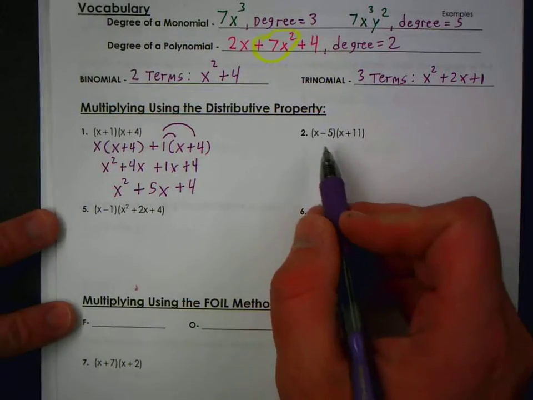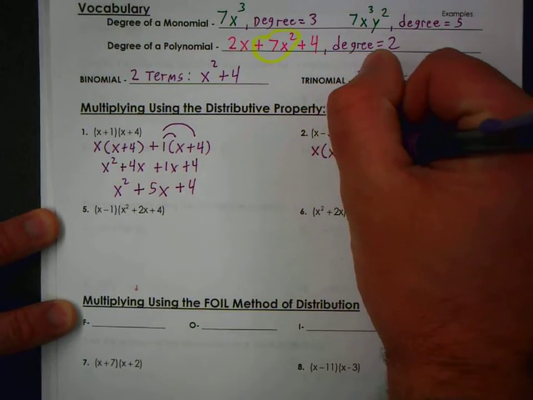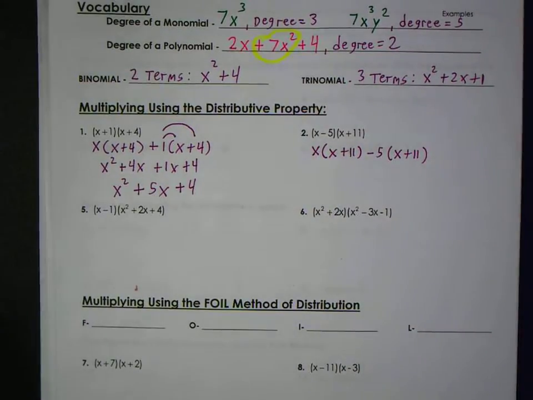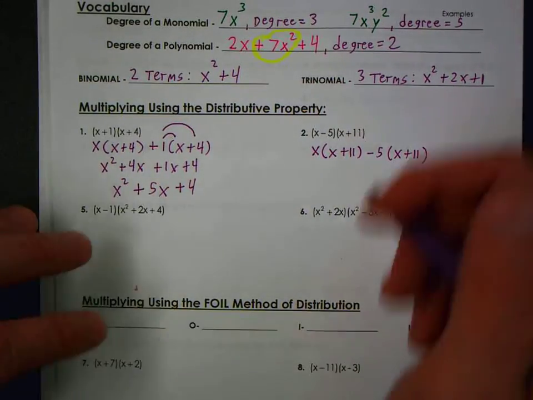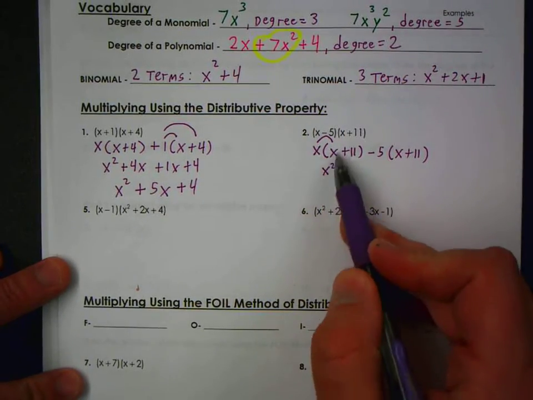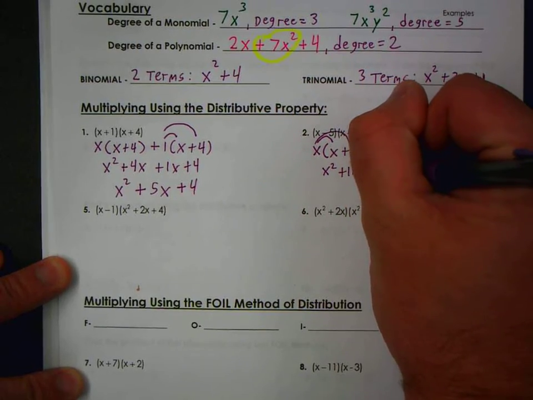Next, same thing, I put x in front of x plus 11. Then negative 5 in front of x plus 11. And then I just distribute. So x times x is x squared. X times 11 is 11x.